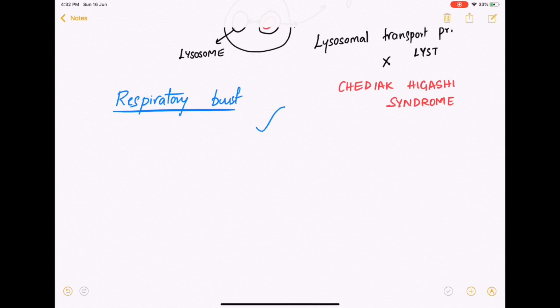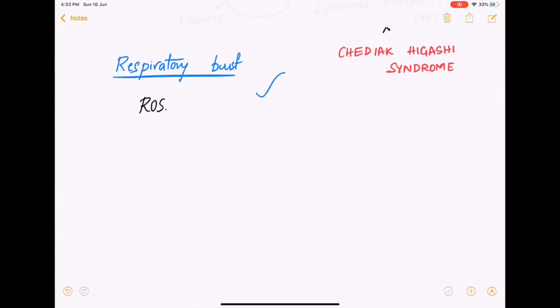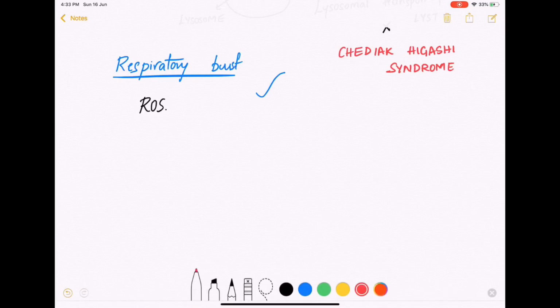This is because we need oxygen for the production of reactive oxygen species, and this, by oxidative damage, causes damage to the microbial cells. So how is this reactive oxygen species formed? We need an enzyme which is called NADPH oxidase.